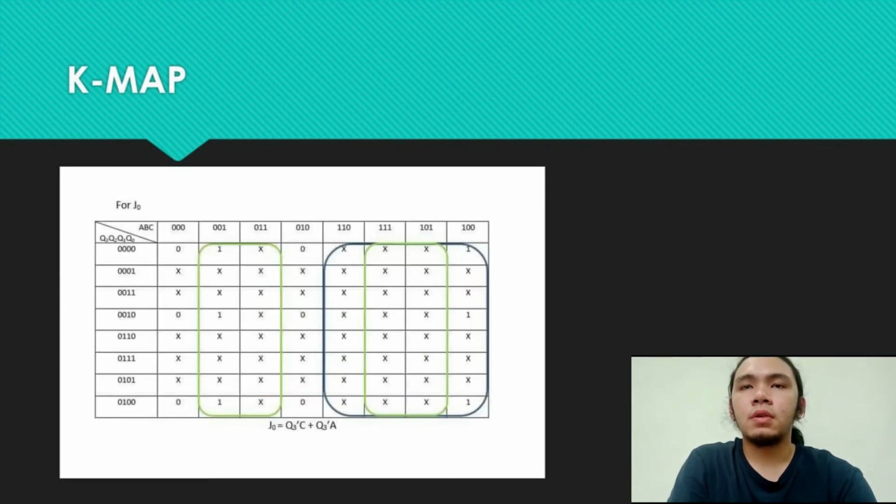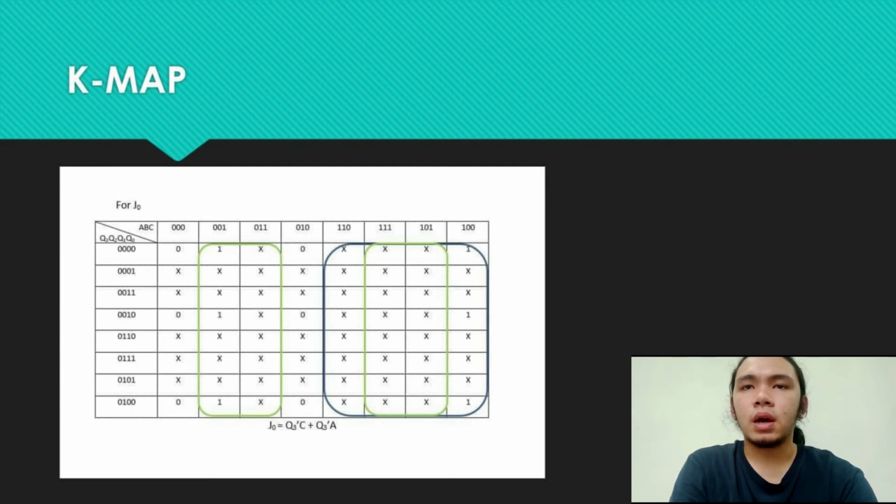Therefore, we will get the equation K1 equals Q3 bar Q0 C plus Q3 bar Q0 B plus Q3 bar Q0 A. Then, for K-map J0, we do the same thing by filling the table first. After that, the circles in this picture are also determined by using a generator. For K-map J0, there are two colors representing two circles only.